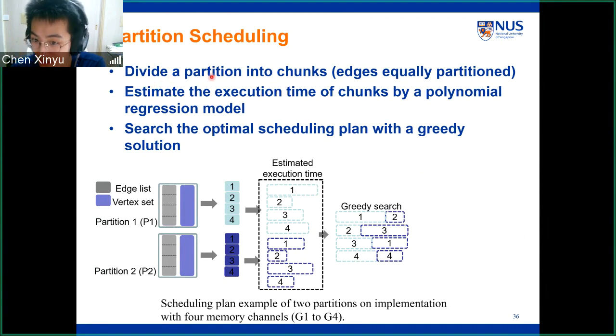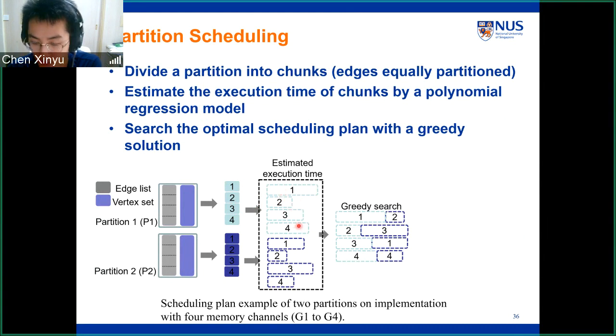We first divide a partition into chunks such that we can use different kernel groups from different memory channels to process a subset of this partition in parallel. We divide our partition into 4 chunks. However, as you mentioned, a simple divide cannot achieve a very good balance. Maybe the first chunk takes a lot of execution time and the second is very short.